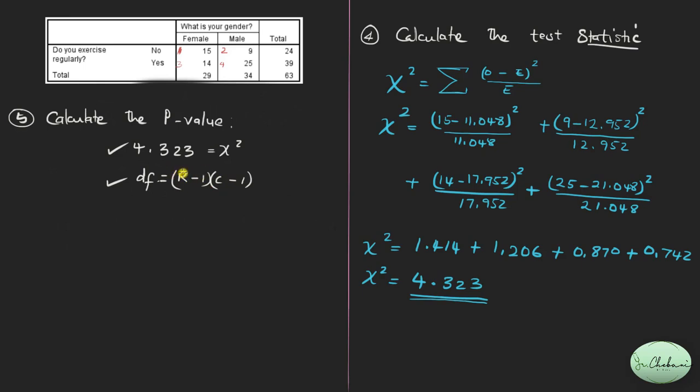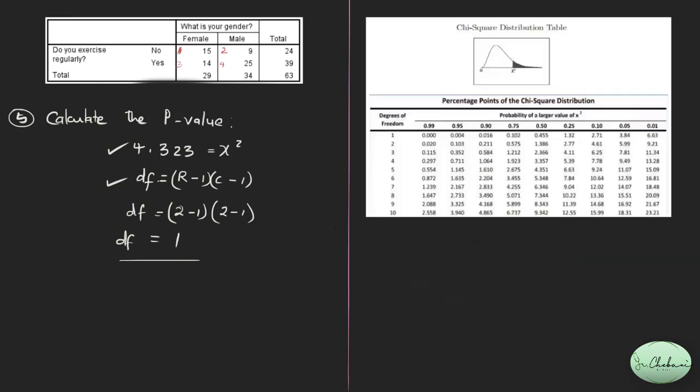Remember that you don't count the column total and the row total. In this particular table, we have 2 rows, so 2 minus 1, and we have 2 columns, so 2 minus 1 as well. That's 1 times 1, which is 1. So the degrees of freedom for this test is 1. We need these 2 pieces of information for our chi-square distribution table, and we'll look at it next.